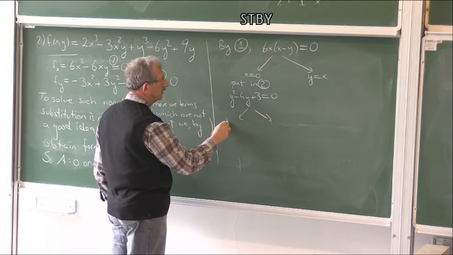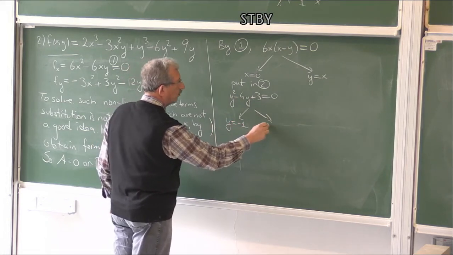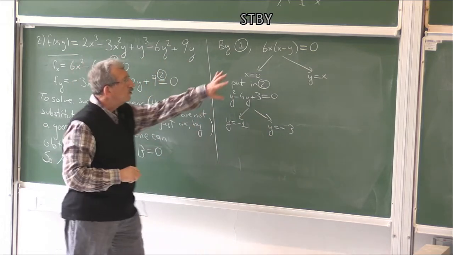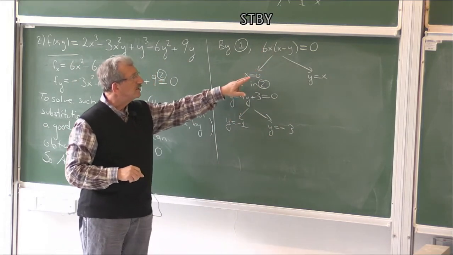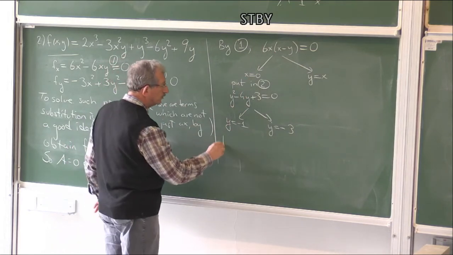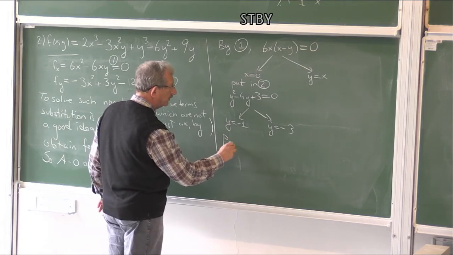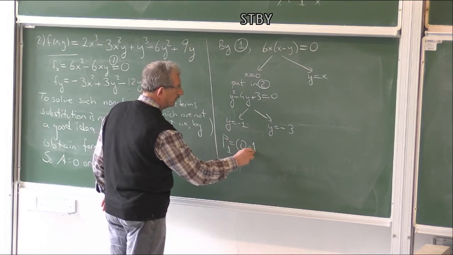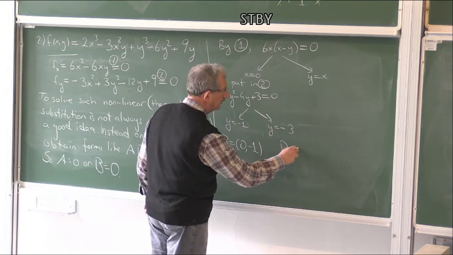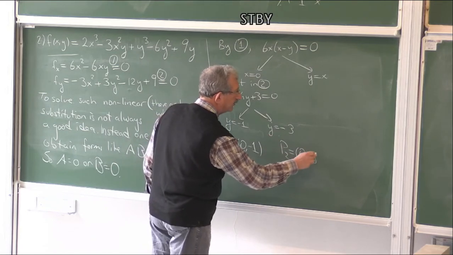If you solve it, y is minus 1 or y is minus 3. Well, looking at this branch, because we started with x equal to 0, now we have y is minus 1, so we get the first point, 0, minus 1. And from here, we get the second point, which is 0, minus 3.